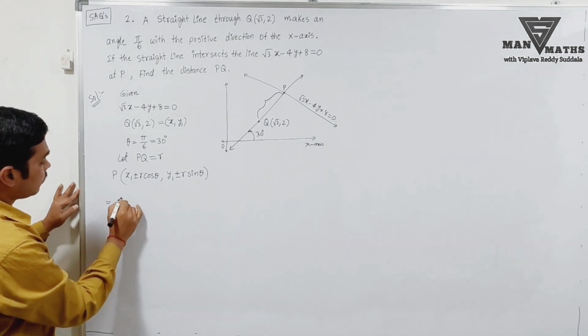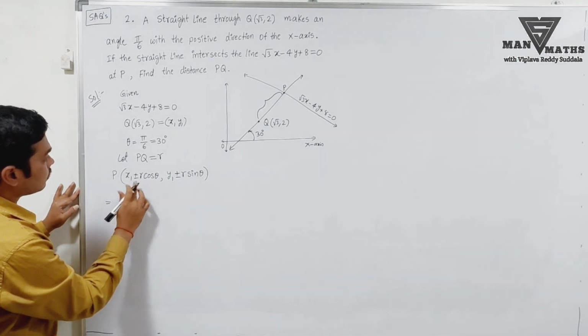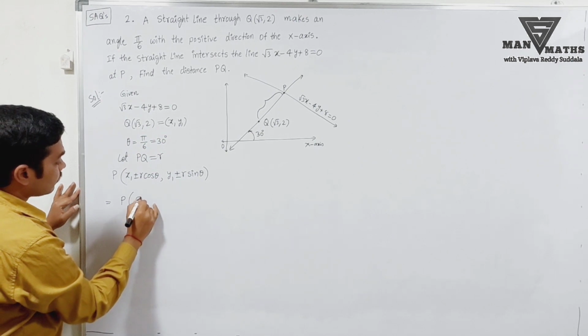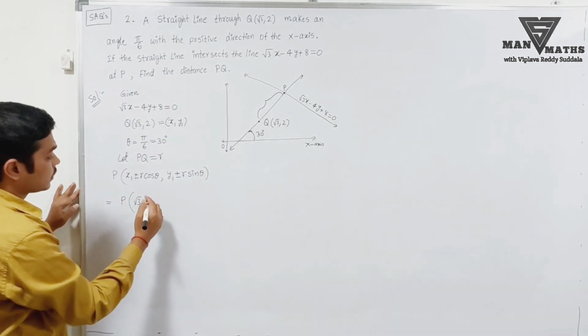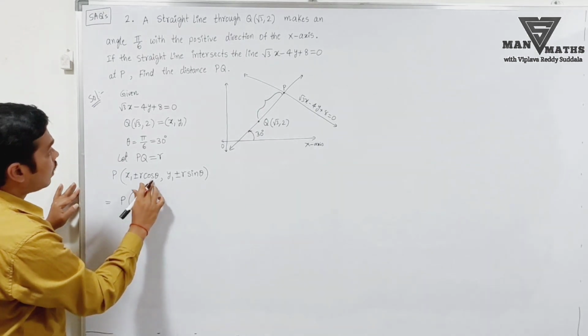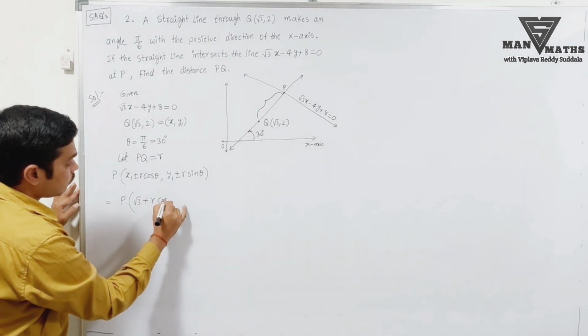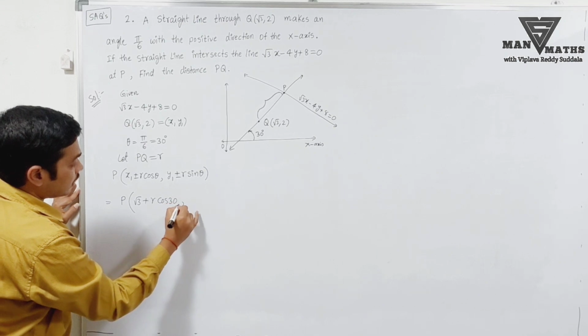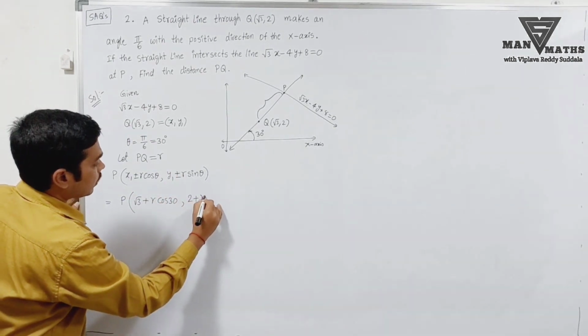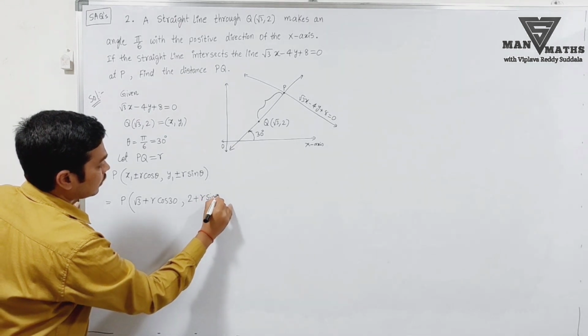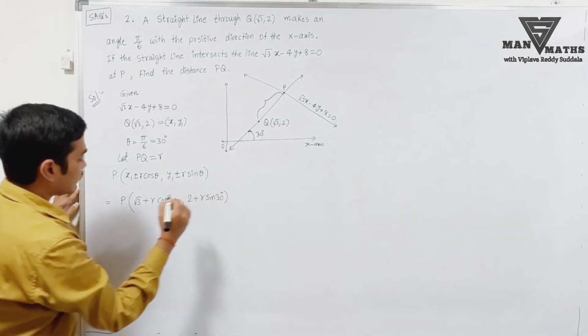That is equal to P of x1, meaning root 3, plus, take the plus case or minus case, any one case, r into cos 30 degrees, comma y1, meaning 2, plus r into sin 30 degrees.